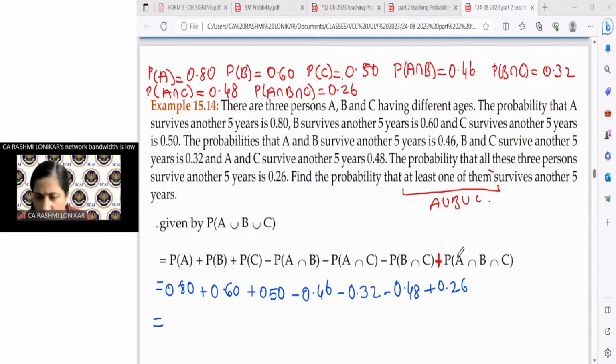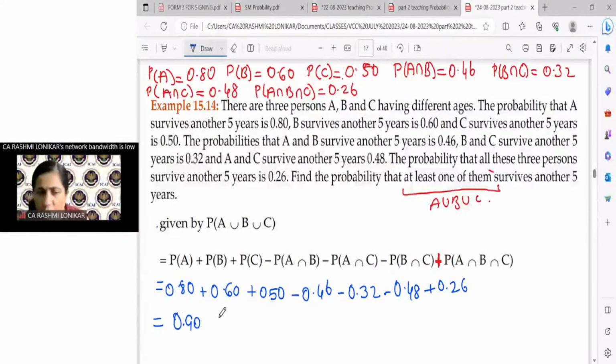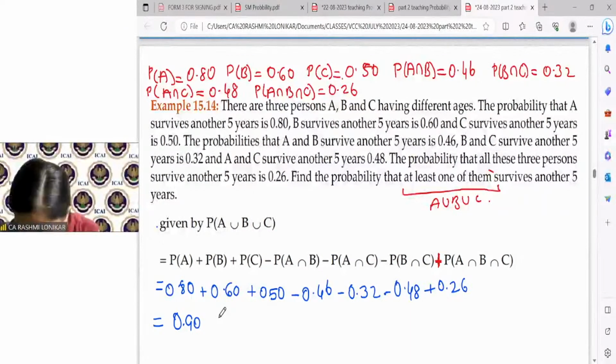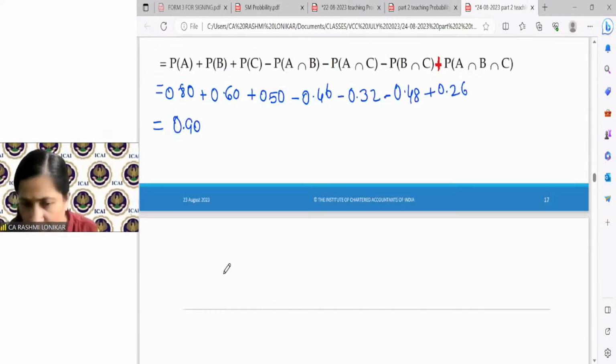This is equal to 0.90. Okay, this is equal to 0.90. So the probability that at least one of them will survive is 0.90, which is very good. Yes, Saloni, very good.